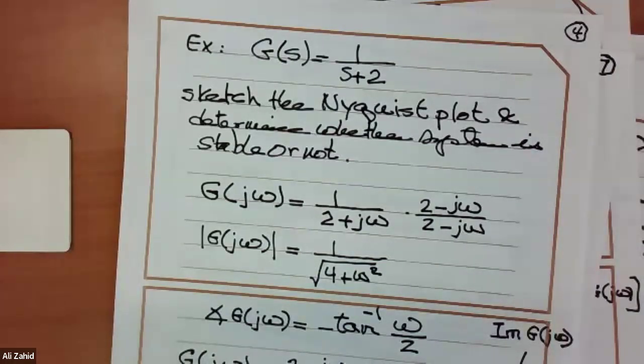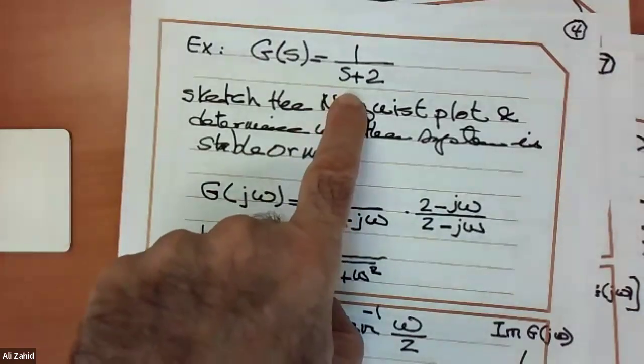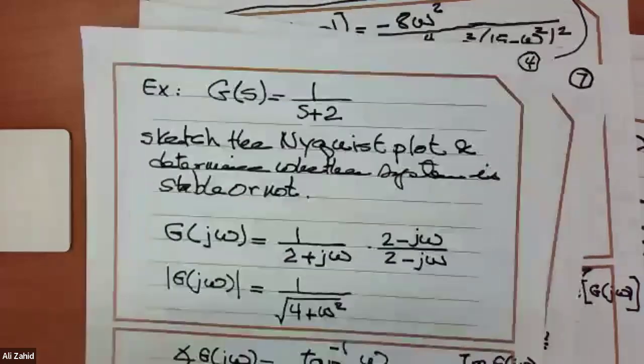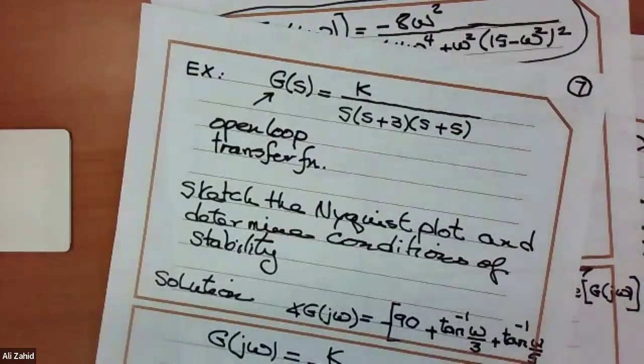No. Which means this is a first order, a single pole. The maximum phase it can give you is minus 90 degrees. Now, why is it minus? Because it's a pole. If it was a zero, then it would become plus 90. But this one is a pole. Did you get it?